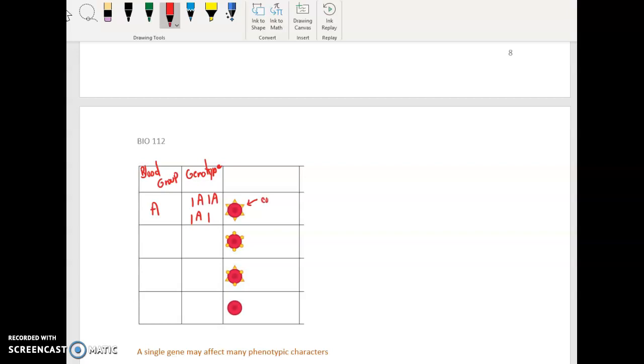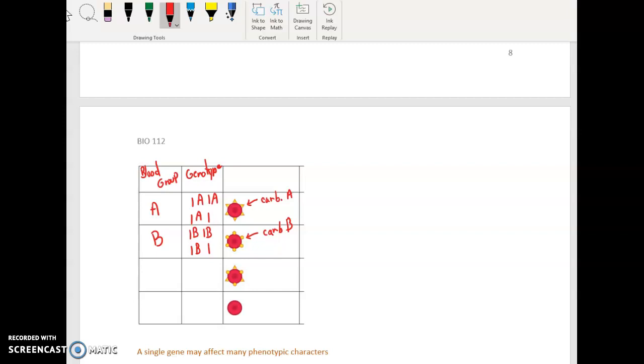We'll just call it carbohydrate A, carb A. If you have blood group B, your genotype is either IB IB, or it might be IB and then an i, which doesn't have any carbohydrate associated with it. And you'll make these round carbohydrates. So this is carb B.